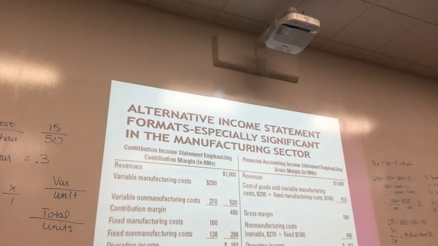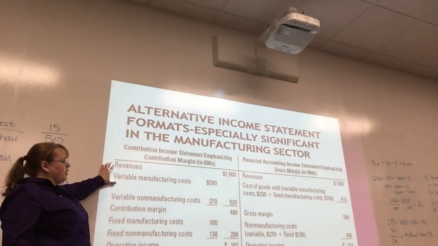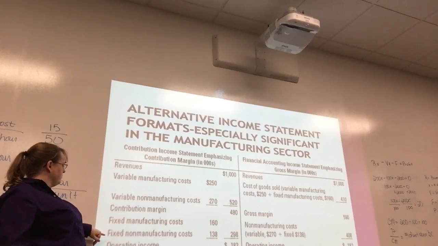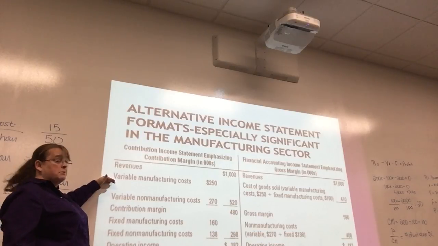All right, so then we have the different types, so I think one of your homework problems might be dealing with this. When I told you about above the line and below the line in a contribution margin, you notice that above the line you have all your variable costs. So if you had variable non-manufacturing costs, like your office people, things like that, your sales stuff, they'd be up here.